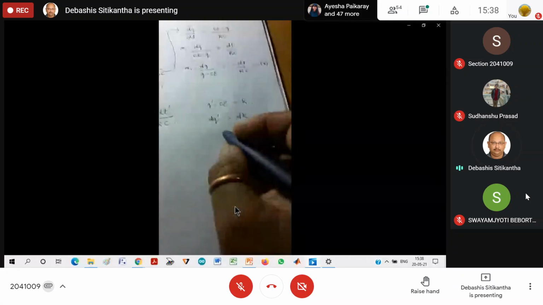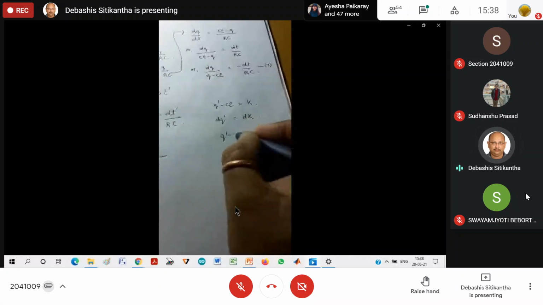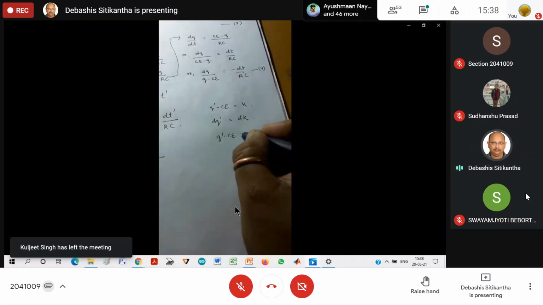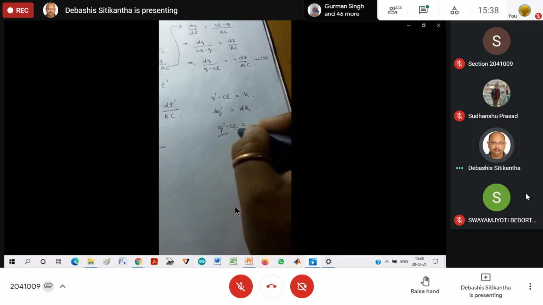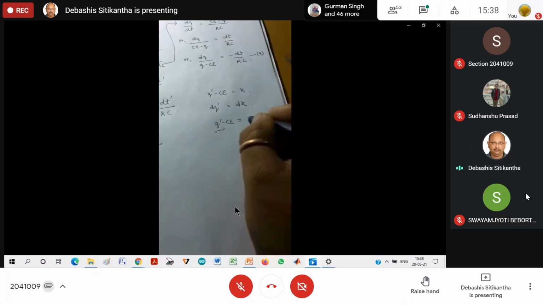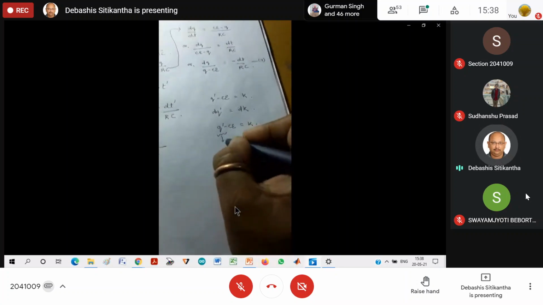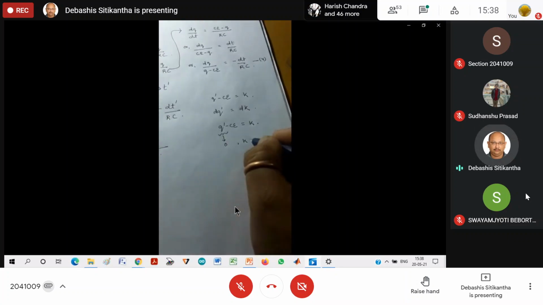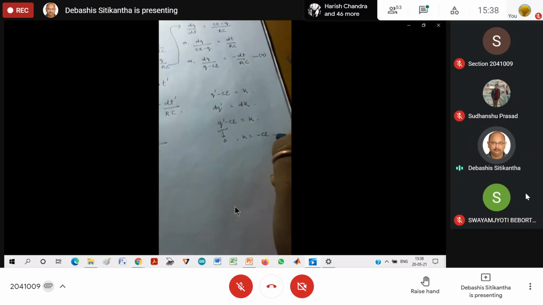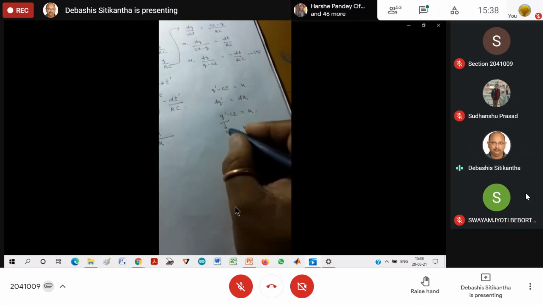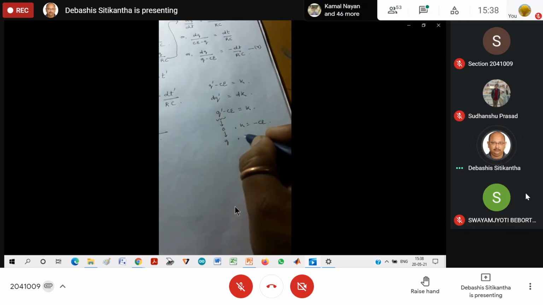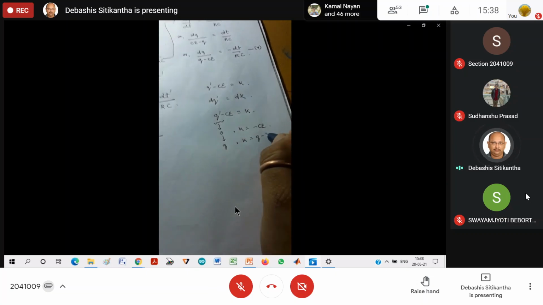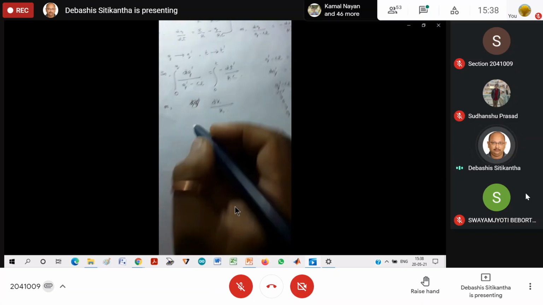When Q dash is replaced with 0, the value of K is equal to minus CE. Similarly, when I replace it by the value Q, the value of K will be Q minus CE.